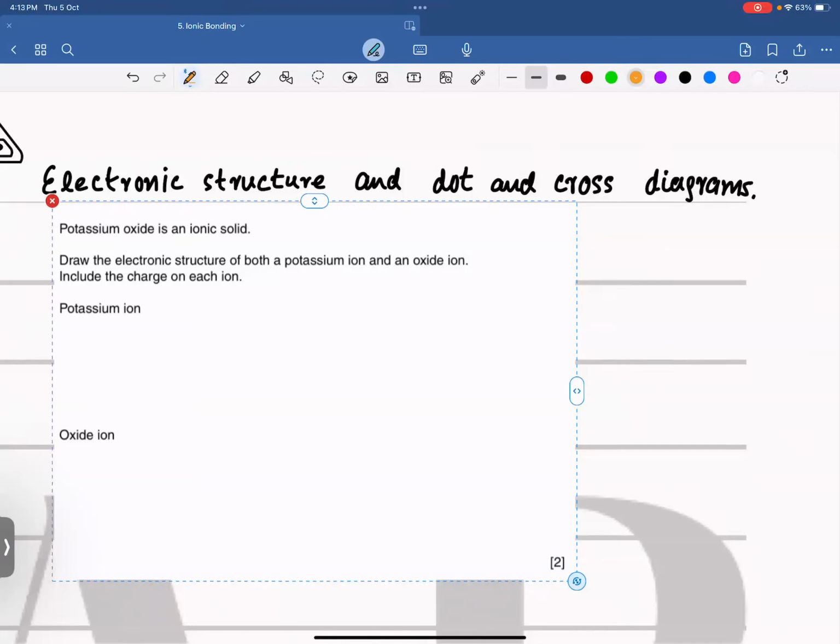So it means you have to remove the shell, because when they lose or gain, their outermost shell must have electrons. So when it loses this electron, then this shell is removed, and then the shell becomes the shell which is already fixed. Khadija, are you done?